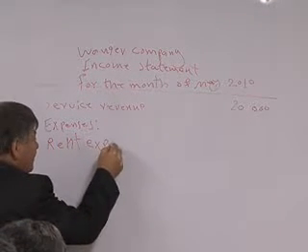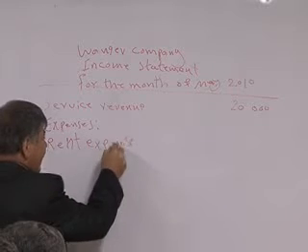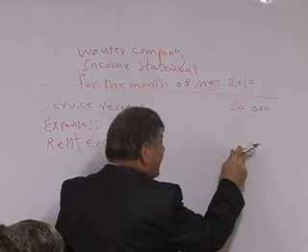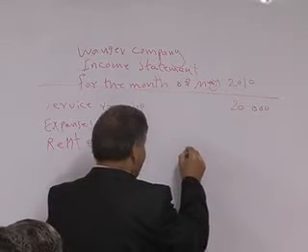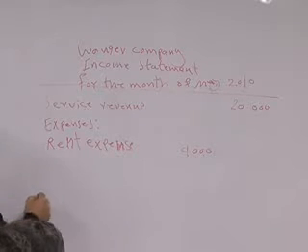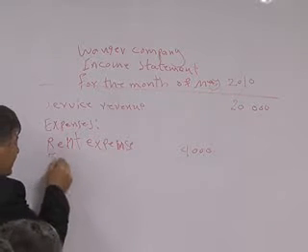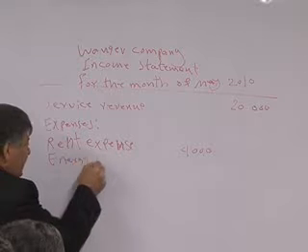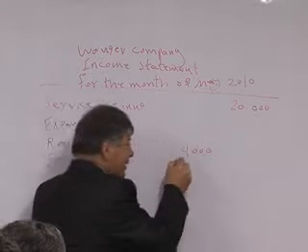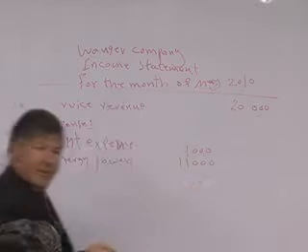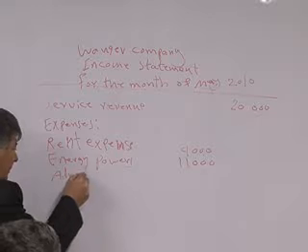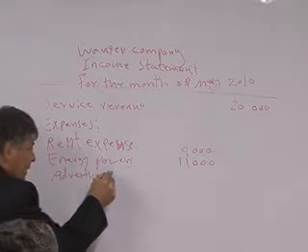How much? 4,000. I don't put the number here, but here. The second expense, please. Energy. How much? The third one? Advertising, very good. 1,000.